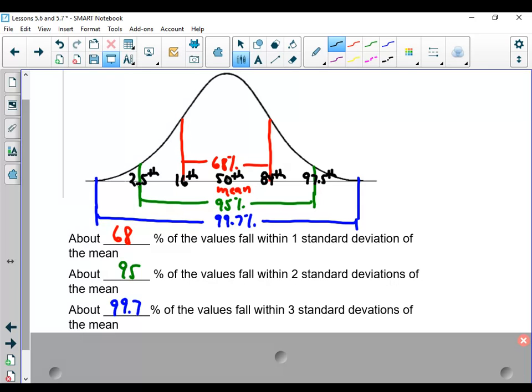And then I can do that again with this last one, the 99.7. And when I cut that in half, what I find out is down here is 99.85 percentile. And this is just 0.15. Or in other words, only 0.15% are less than that bottom value.